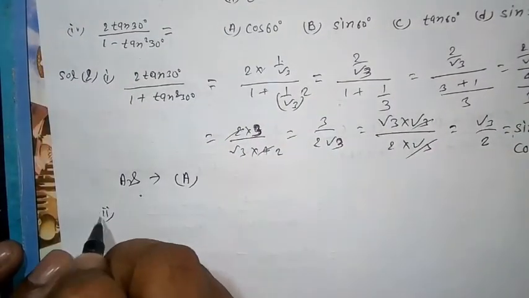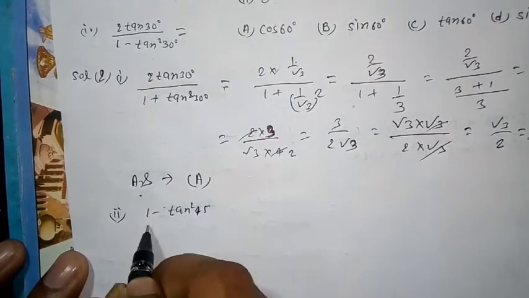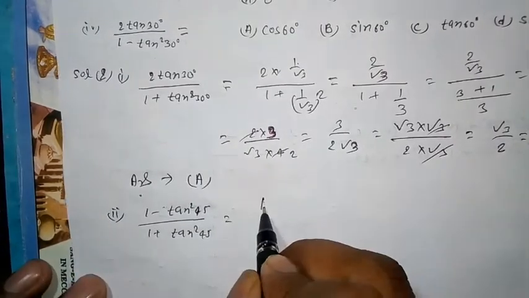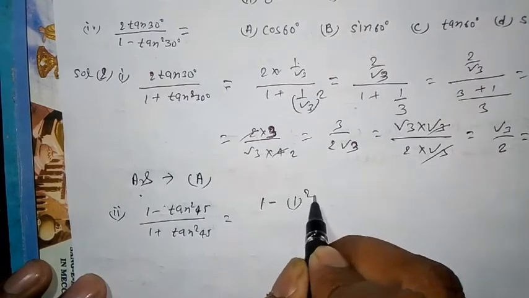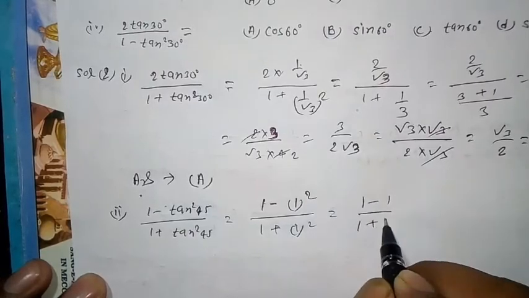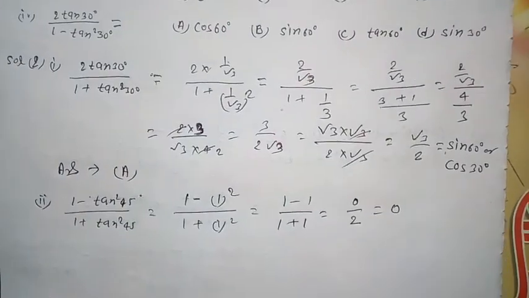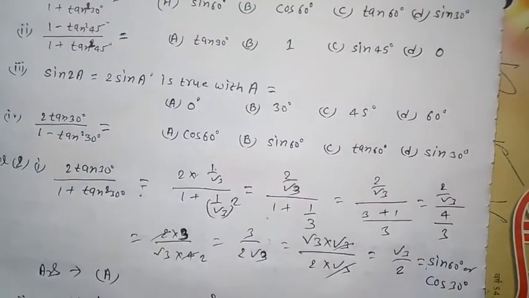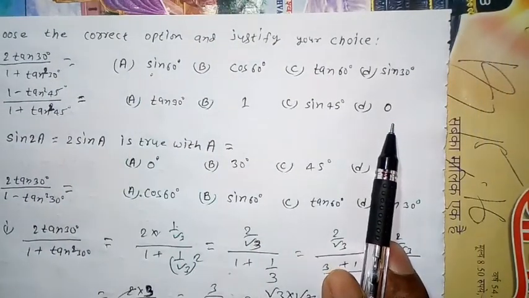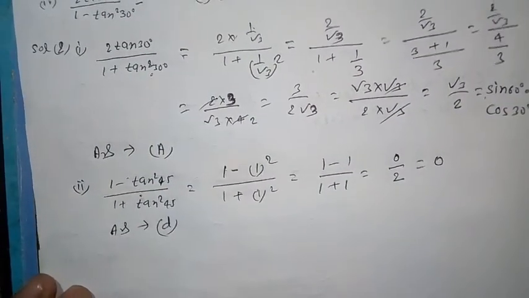Now the second one. 1 minus tan square 45 by 1 plus tan square 45 is equal to 1 minus, the value of tan 45 is 1, the whole square, by 1 plus 1 the whole square, which is 1 minus 1 by 1 plus 1, equal to 0 by 2, which is equal to 0. Here also option D is 0, so the answer is option D, 0.